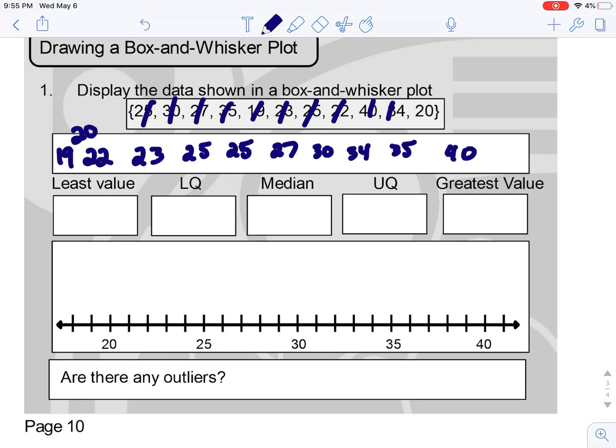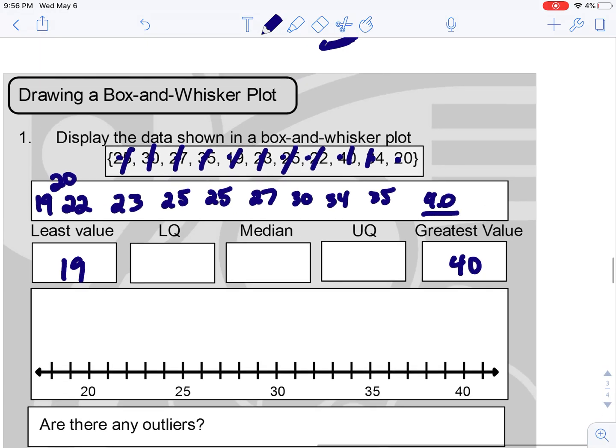I'm missing a 20, so I'm going to put it over there. Double check: 1, 2, 3, 4, 5, 6, 7, 8, 9, 10, 11. Okay, so lowest value, 19. Highest value, 40. Where's the middle?